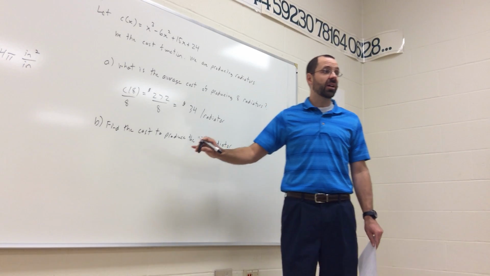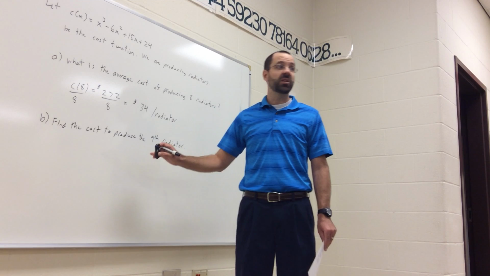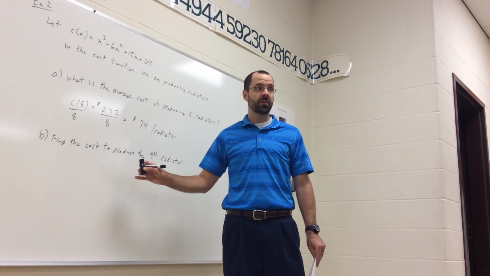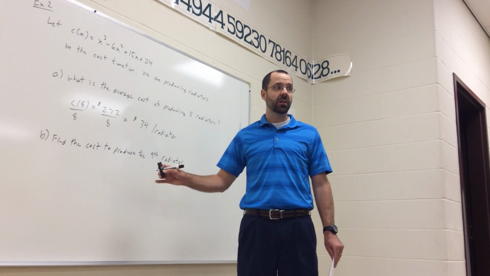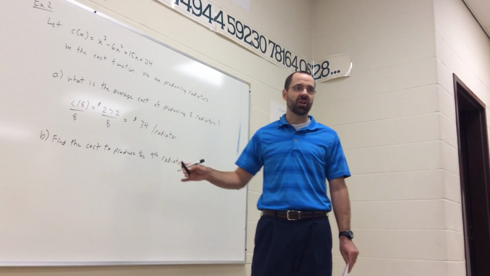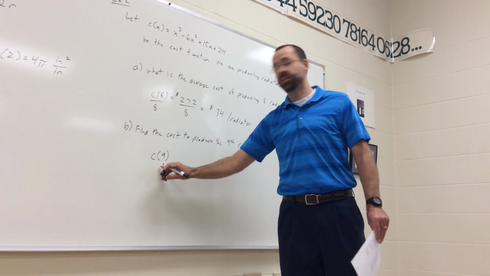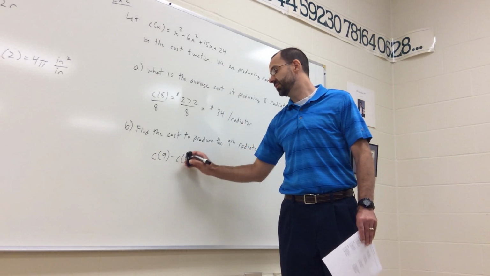Okay, so in order to figure out how much it costs to produce the 9th radiator, I'm going to figure out how much it costs to make all 9, and then subtract how much it costs to make 8. And that'll tell me how much it costs to make just number 9. So the cost to produce 9 is C of 9, and the cost to produce 8 is C of 8.